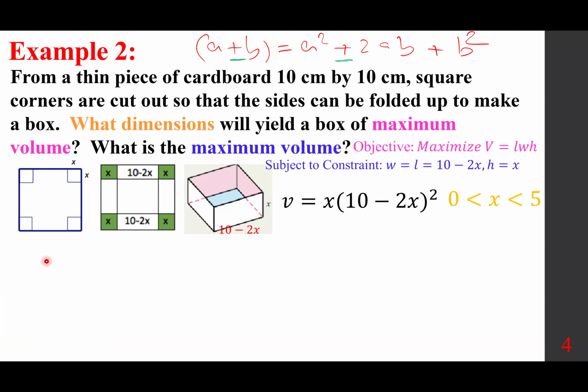Therefore, again, refreshing your memory. Squared is 100. 2 times the product of the two is minus 40x plus 4x squared. Now multiply this by x, you get 100x minus 40x squared plus 4x cubed. You put the 4x cubed first in descending order, and we call it v of x.